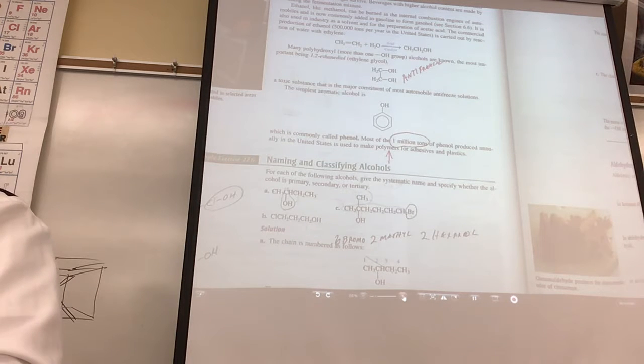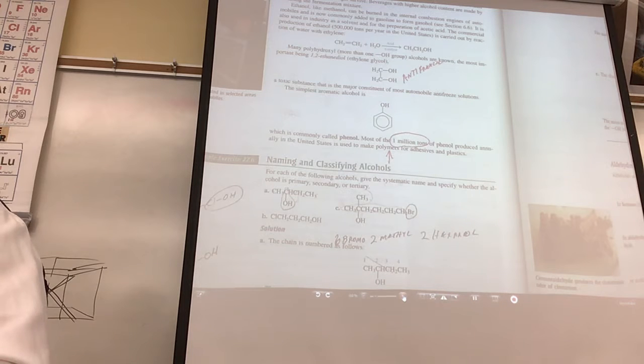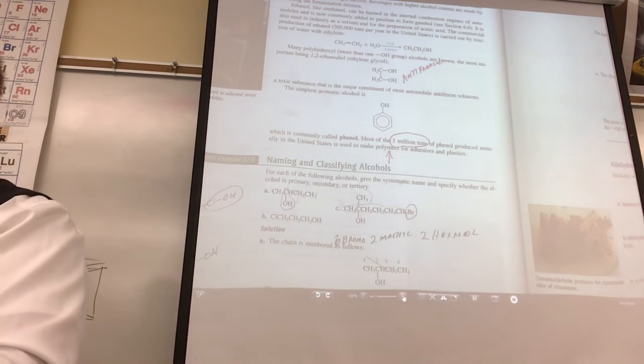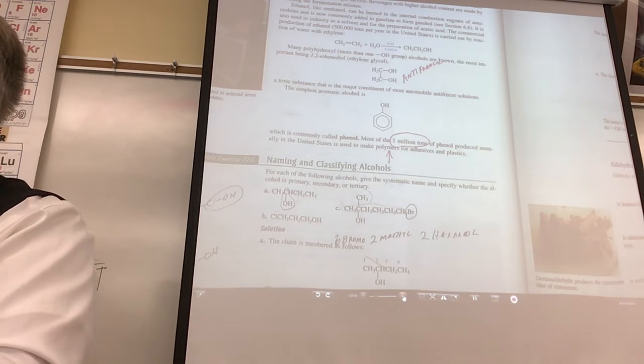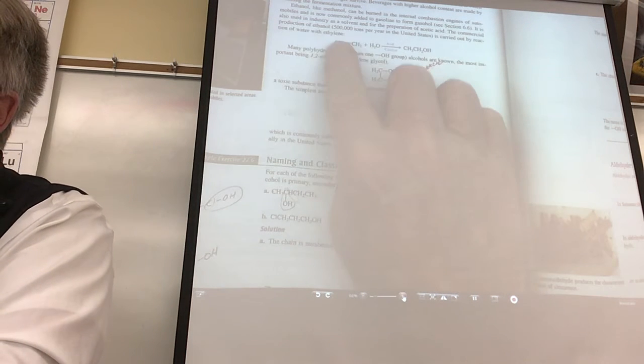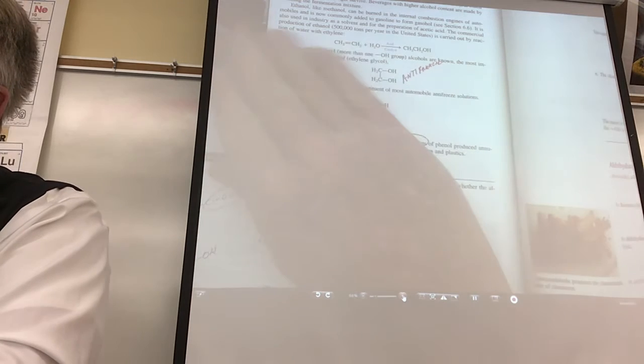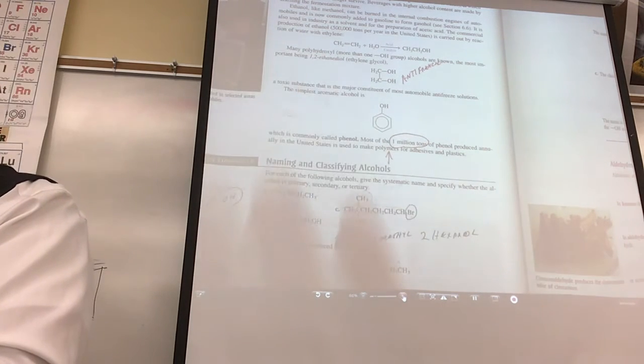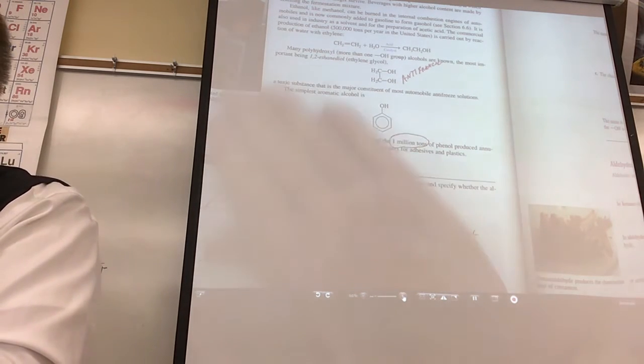Did you hear that from somebody? Where did you get that from? You saw polyhydroxyl. Where's that at? It says many polyhydroxyl alcohols are now the most important. Okay, smart. Wait a minute. That's the next thing. But the one up here, what is this called right here, though? Wait. The next sentence is for something else. So what is that right there?